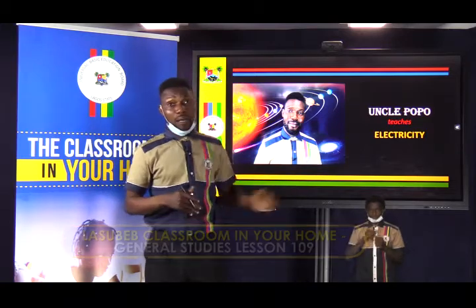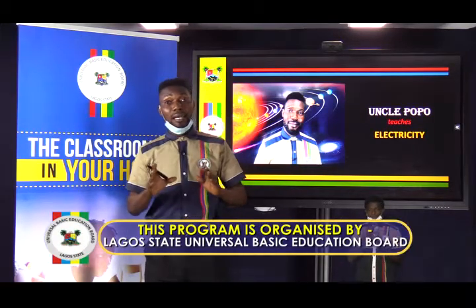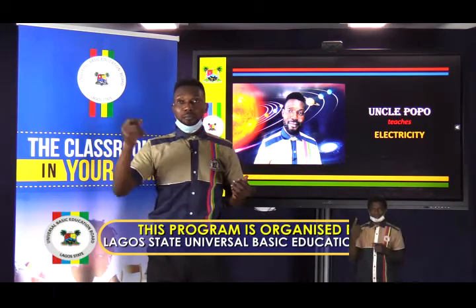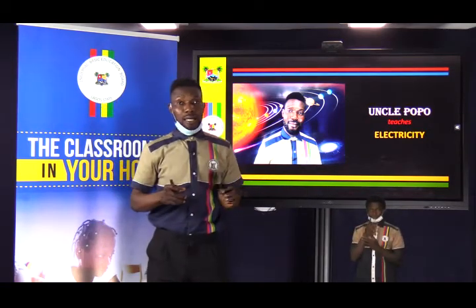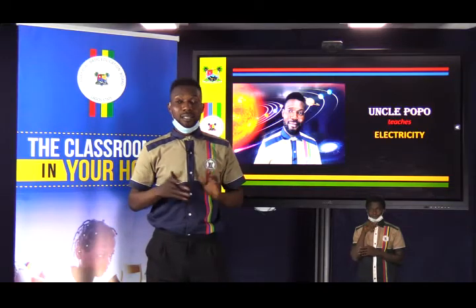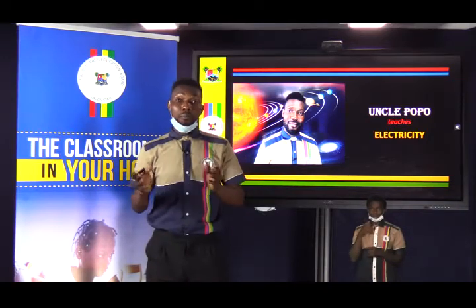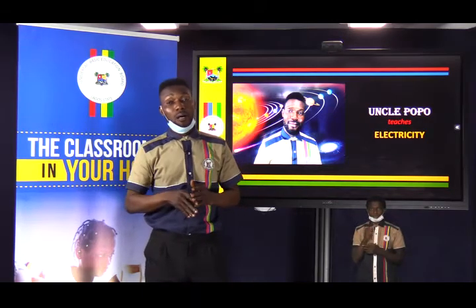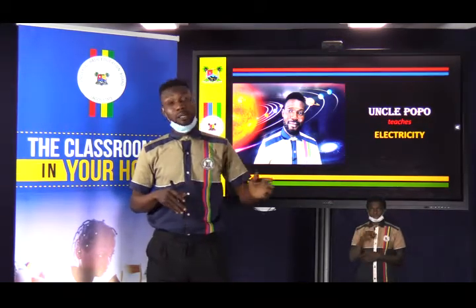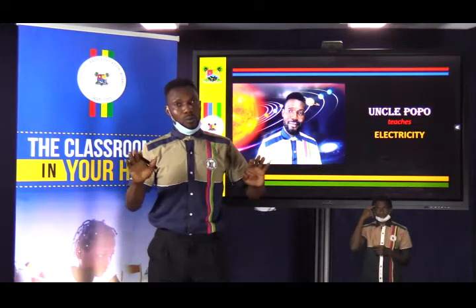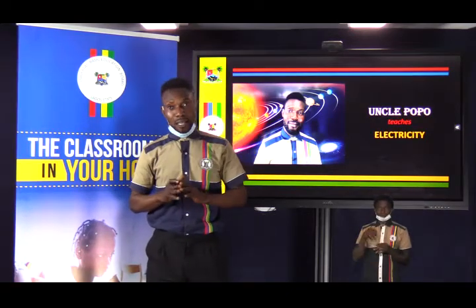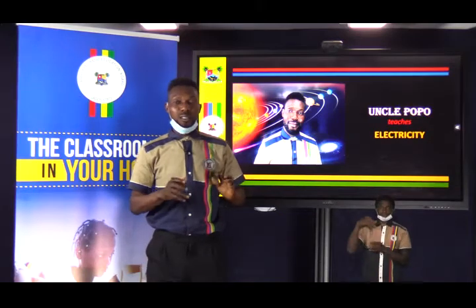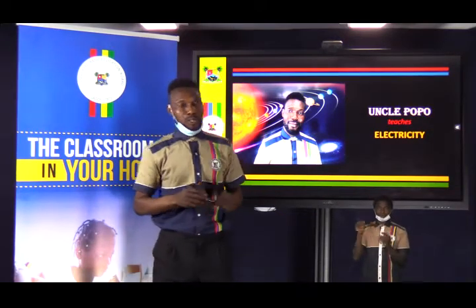Electricity. I know talking about electricity, some just believe that we are only referring to the light we get through your bulb, your fluorescent, or the power supply that is being supplied by the PHCN. But today we shall study more and look at what we really call electricity.